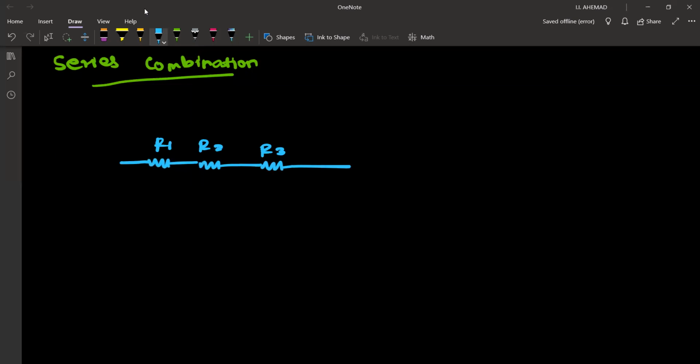Instead of these three resistors, we are going to replace a single resistor. Let's say this is R equivalent.